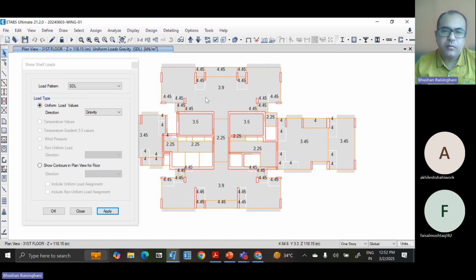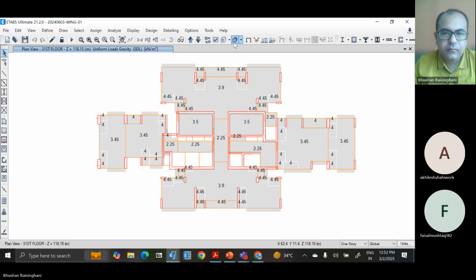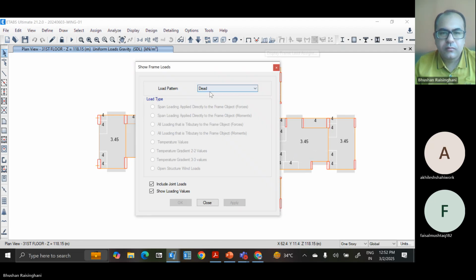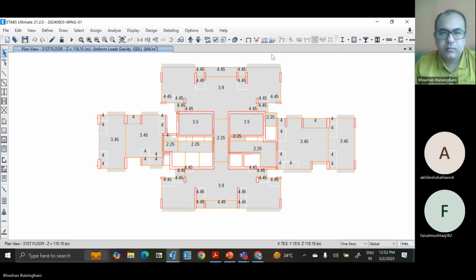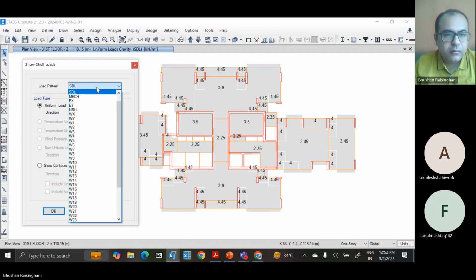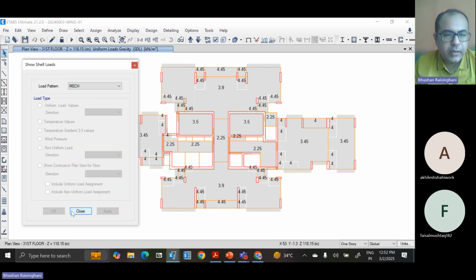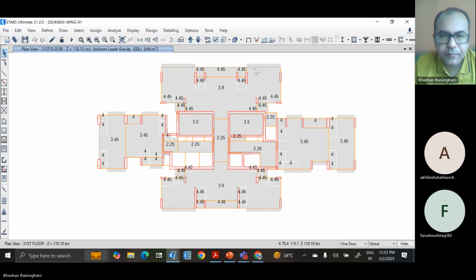So waterproofing and all those loads have been estimated. Then mechanical load is not yet applied.